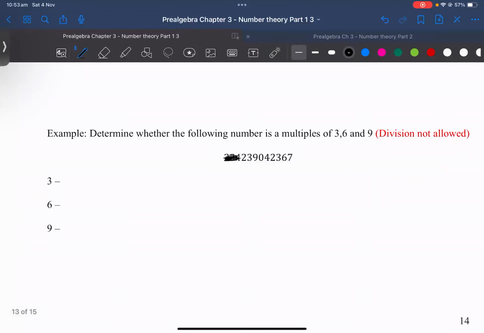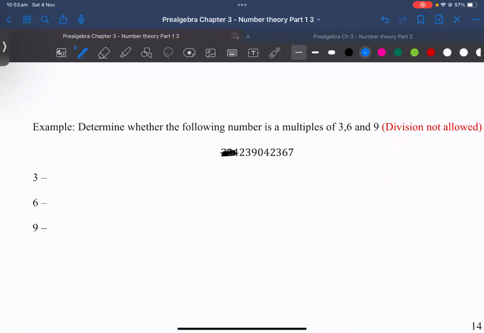What's the sum of the digits here? 2, 3, 5, plus 9 is 14. 0, 14 doesn't change anything. Plus 4, 18. Plus 2, 20. Plus 3, 23. Plus 6, 29. Plus 7, that's 29 plus 7 is 36. So that's our digit sum.